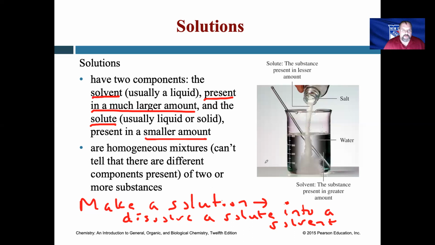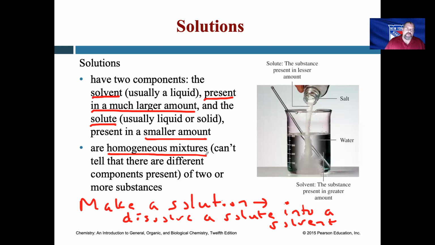One of the things about solutions is that they are what are known as homogeneous mixtures. There are two types of mixtures that you come across: homogeneous and heterogeneous. The difference is that in a homogeneous mixture, if you didn't see the components being added to it, you can't tell that there are different components present.